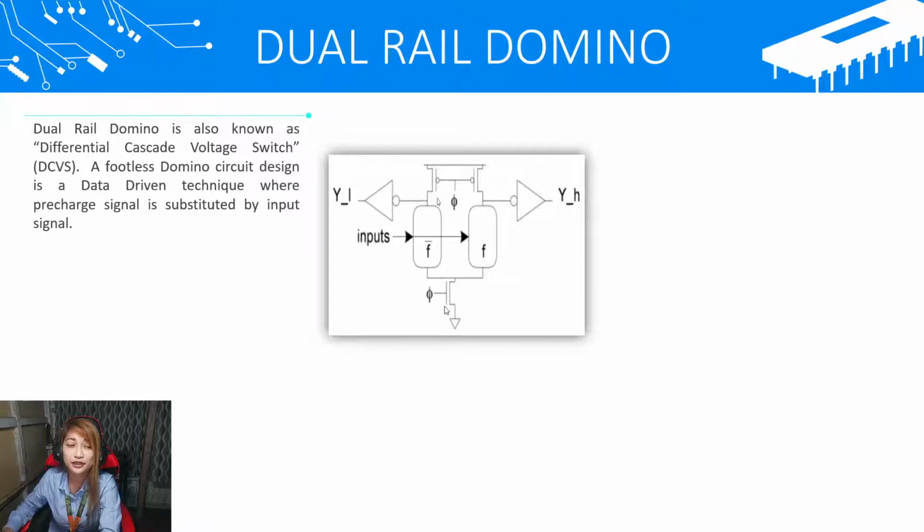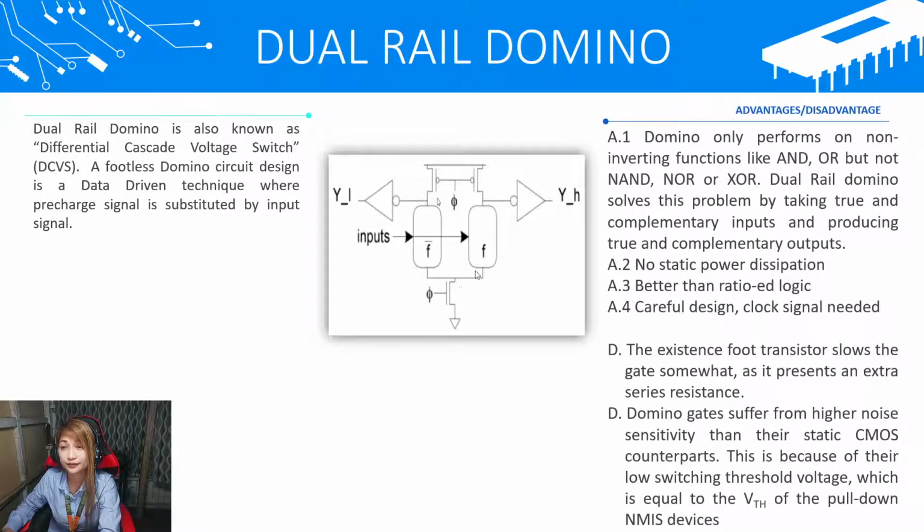A footless domino circuit design is a data-driven technique where the pre-charge signal is substituted by the input signal. The disadvantage of domino is that it only performs non-inverting functions like AND, OR, but not NAND, NOR, or XOR. The dual rail domino solves this problem by taking true and complementary inputs and producing true and complementary outputs.